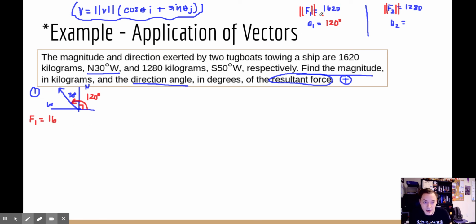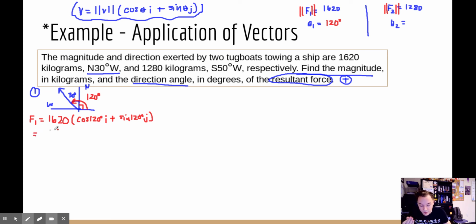Sorry, I didn't put that in magnitude form up there. My apologies. And then I want to follow my formula, cosine of theta. Well, I now have a theta, right? So this is 1620 times cosine of 120 degrees i, and then plus sine of 120 degrees j. So far, so good? This is the first tugboat. That's why I label it F of 1.